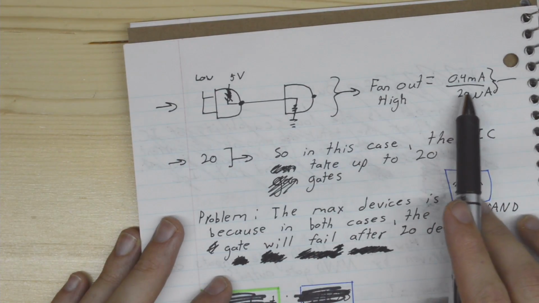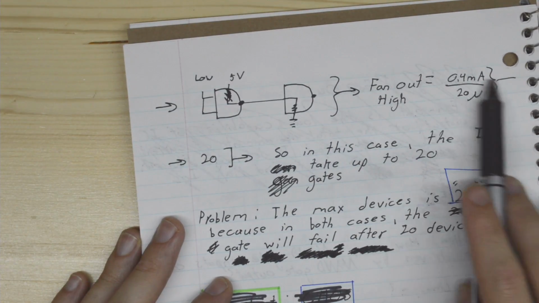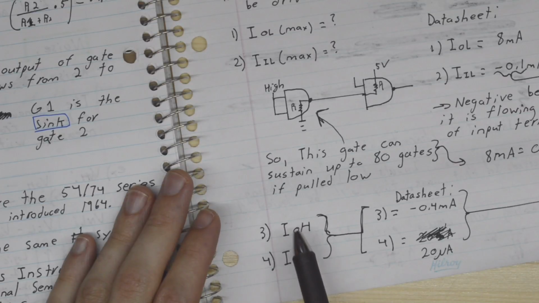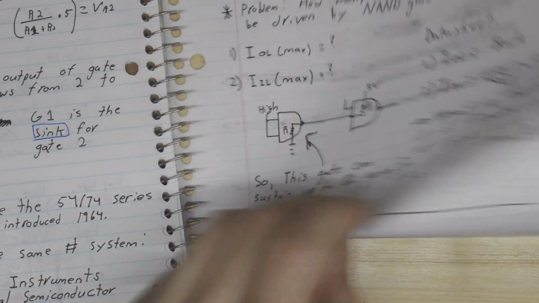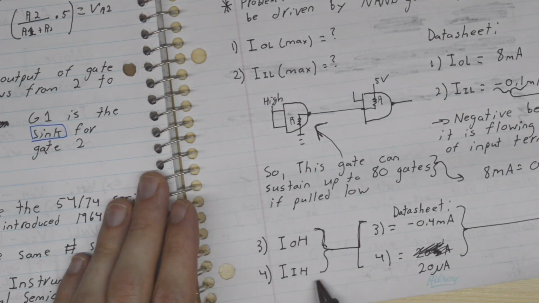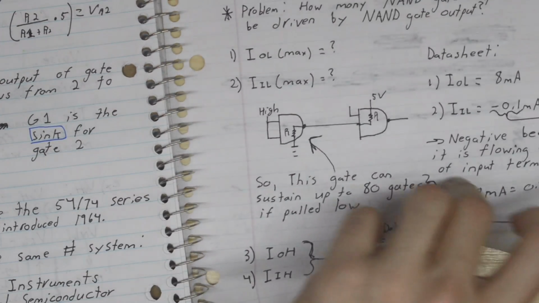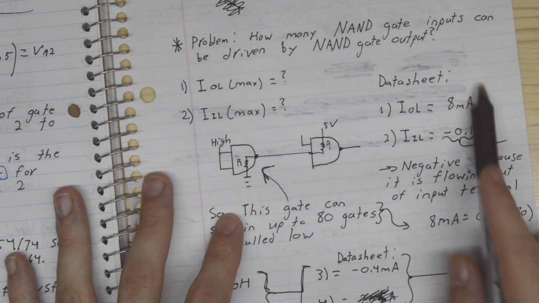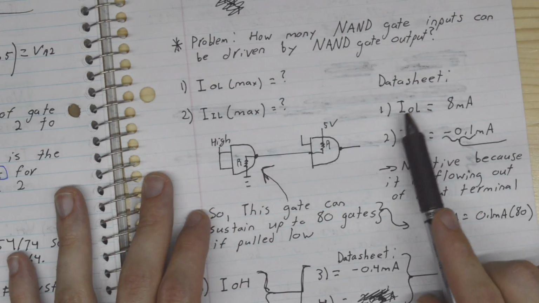So we take our 0.4 milliamps, which we remember is our high output current, and then we divide it by our high input current. Now, is it the same here? We divide this by this, low output current by low input current.